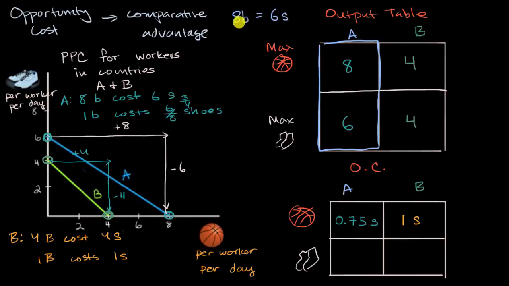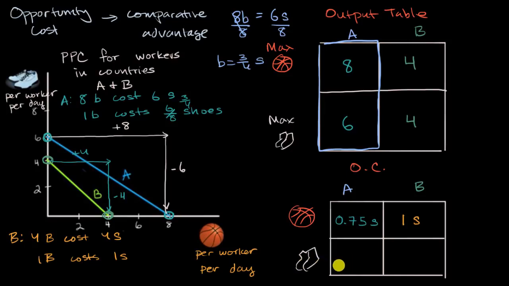So with the same energy, I could produce either one of these. And then if I want the opportunity cost for basketballs, I divide both by 8. And that's essentially what I did over here. And I get a basketball costs 6/8 of a pair of shoes, or 3/4 of a pair of shoes, which is exactly what I have over here. Now let's do the opportunity cost for a pair of shoes in either country.